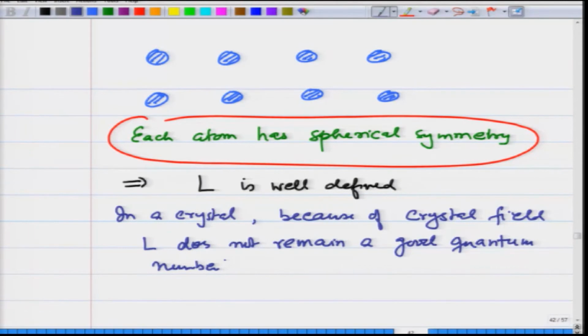That means it is not conserved, and what it means is that the expectation value of Lx, Ly and Lz are all 0, and therefore, there is no angular momentum.